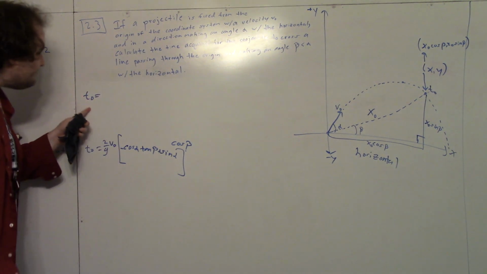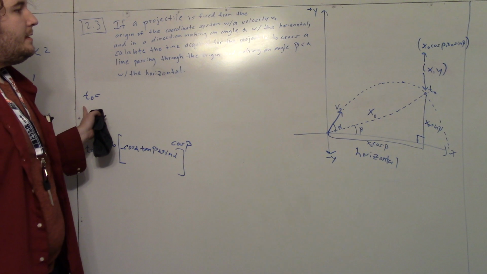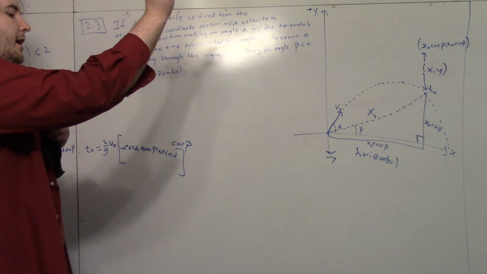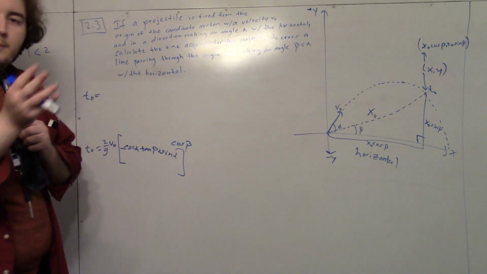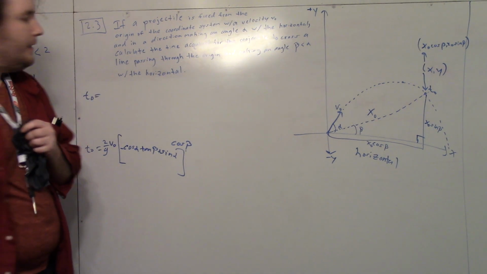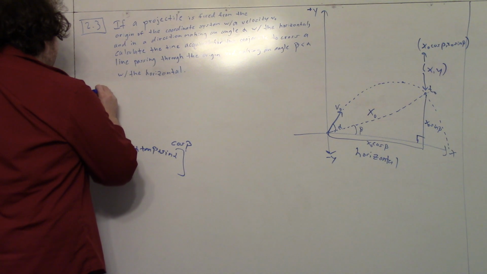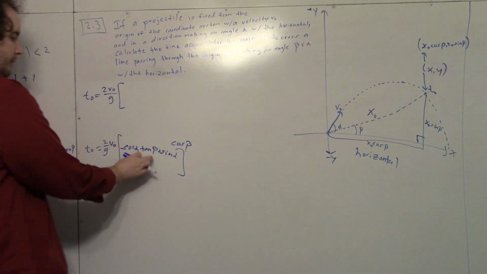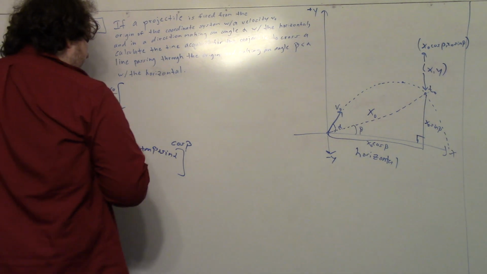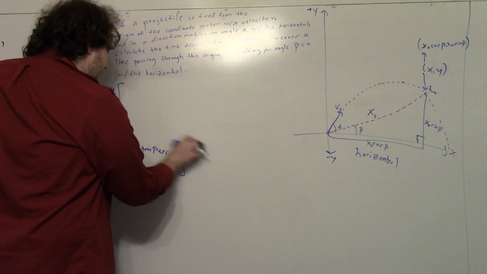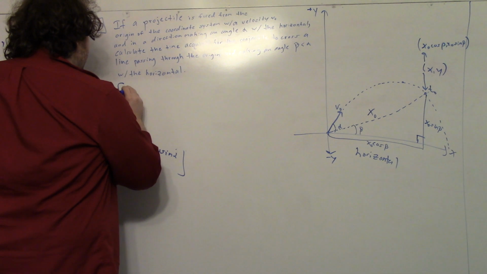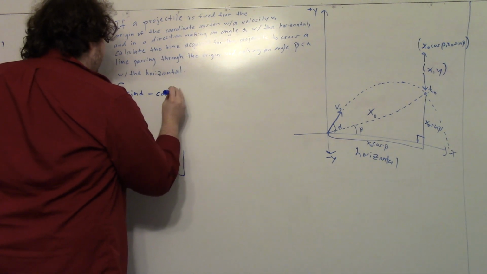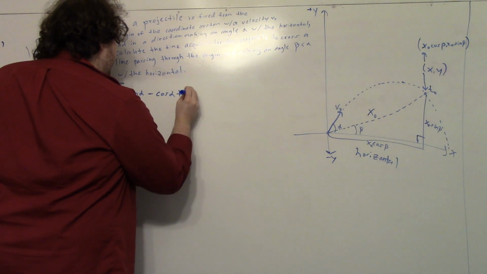So the time at which this intersects the origin with a beta less than alpha is T naught equals 2 V naught divided by G times sine alpha minus cosine alpha tangent beta.